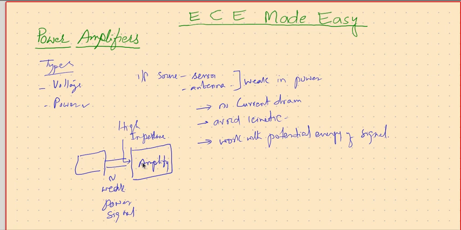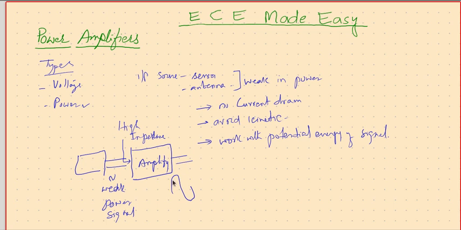So this amplifier should provide a very high impedance to this circuit, so that it will not allow current to flow. When there is no flow of current, then definitely only voltage will remain, and this voltage has to be amplified. A small voltage available at the input should be made a very large voltage. This way we can ensure that the signal is maintained.